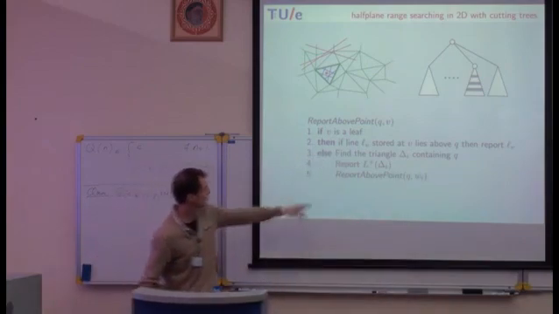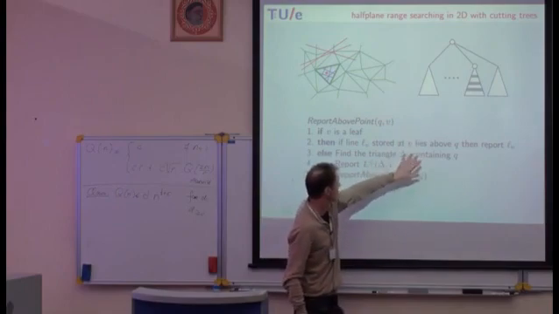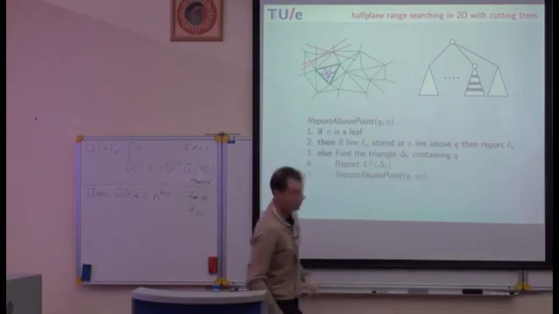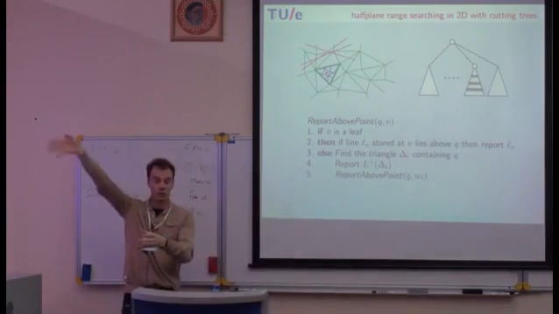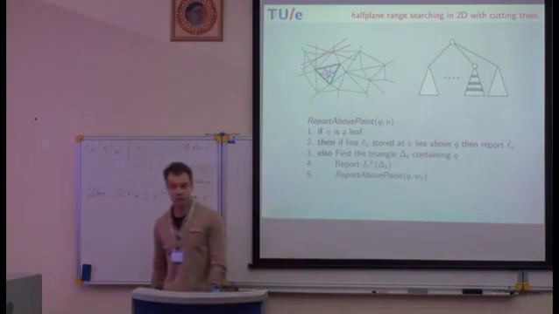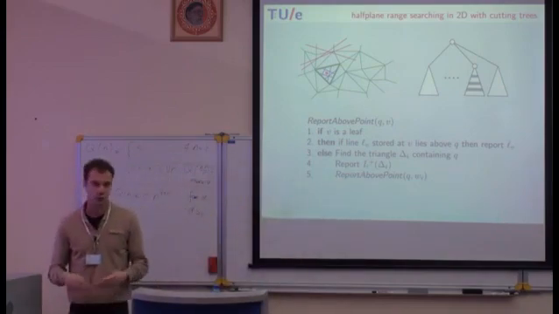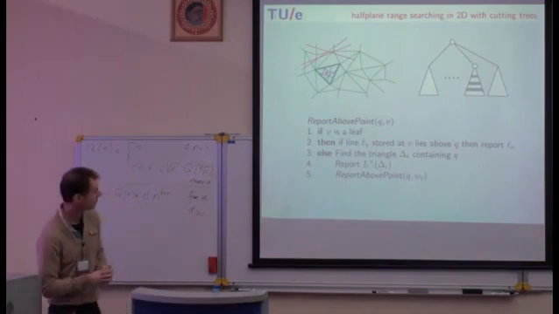That corresponds to a node w_i. With that node, you have stored all the lines above the triangle. So you simply report all of them, or if you want to count, you just add the number to your counter.